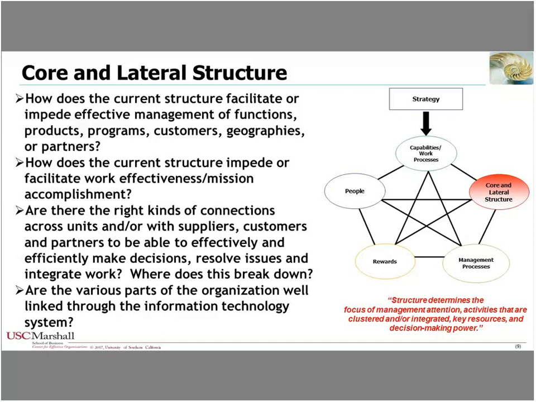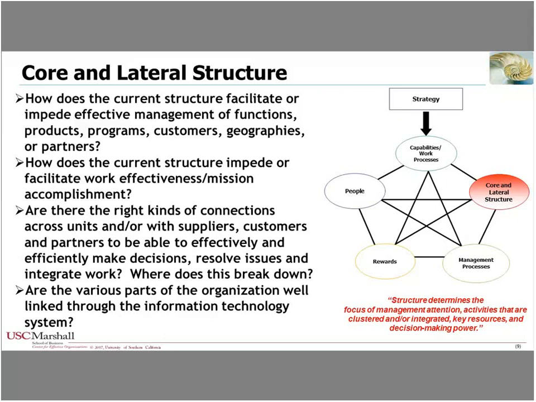So we talk about matrix organizations, functional organizations, front-back organizations. These are the basic high-level choices that an organization makes about how it divides up the work in order to get the work done.